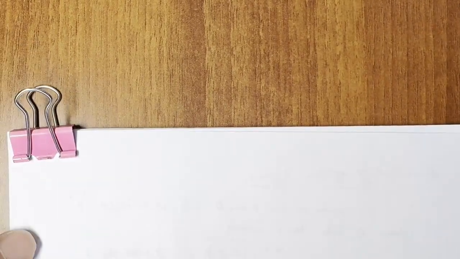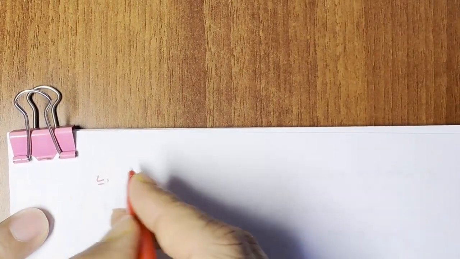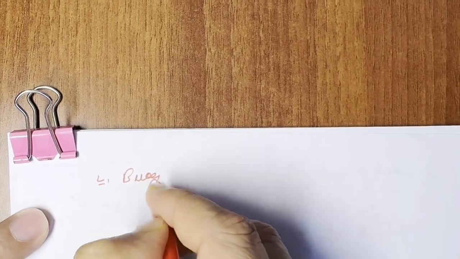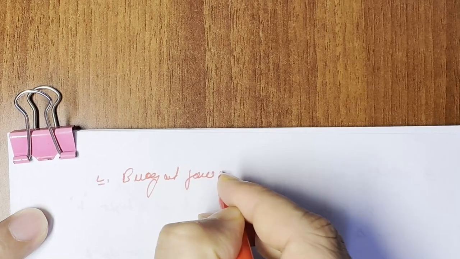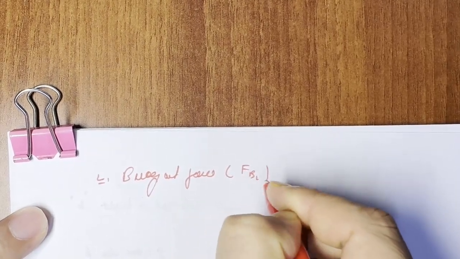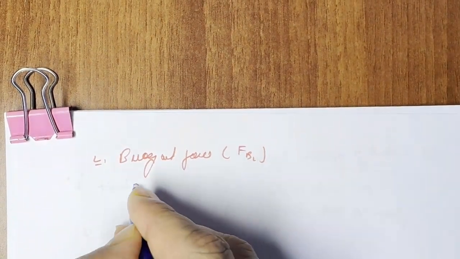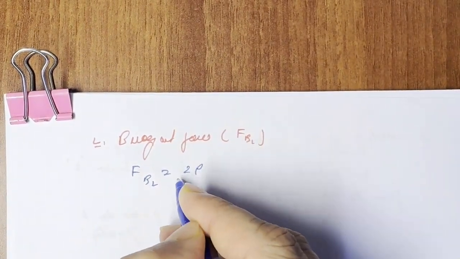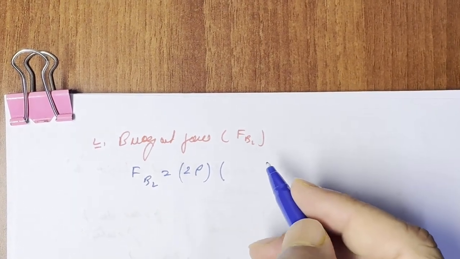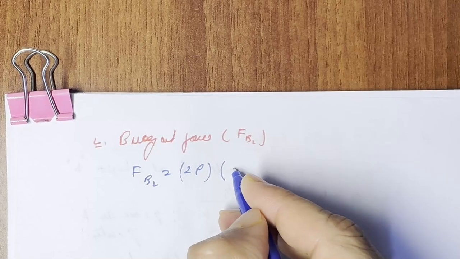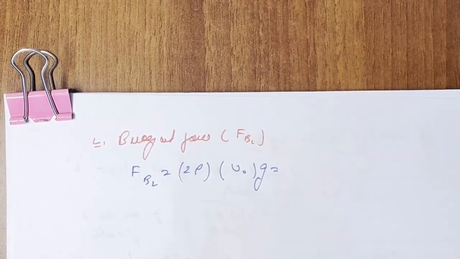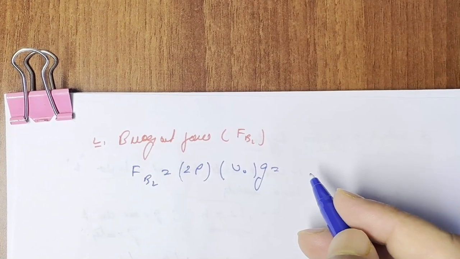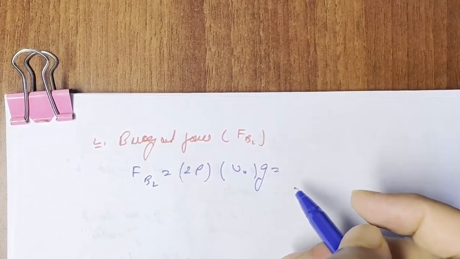Similarly, we find out the buoyant force, that is FB2. FB2 will be equal to the density of the liquid, that is 2 rho, multiplied by the volume of the sphere, that is V naught, and multiplied by G. And we can substitute the value.